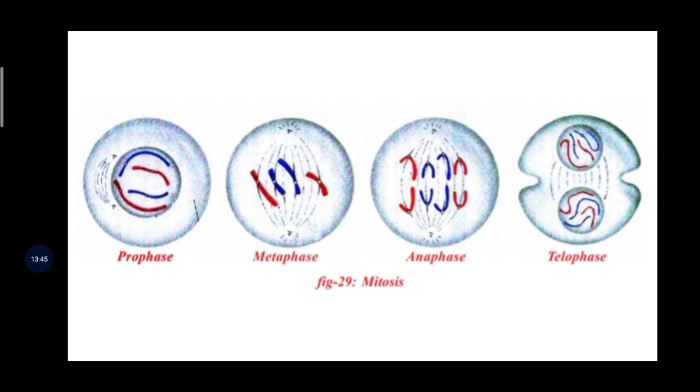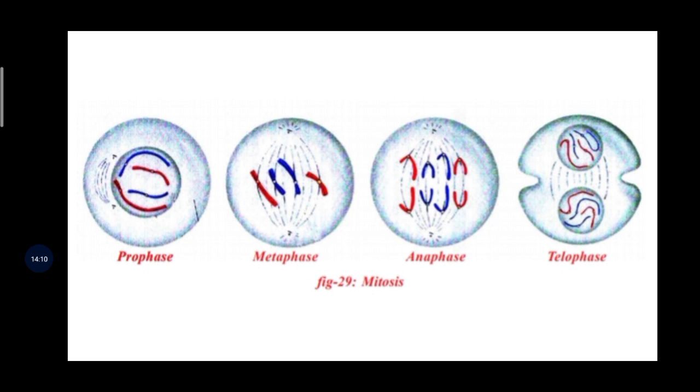In the prophase, you see that the animal cell consists of a centrosome with 2 centrioles, which go to the respective poles, and the chromosomes become shortened and condensed, and we can clearly visualize the prophase stage under the microscope.